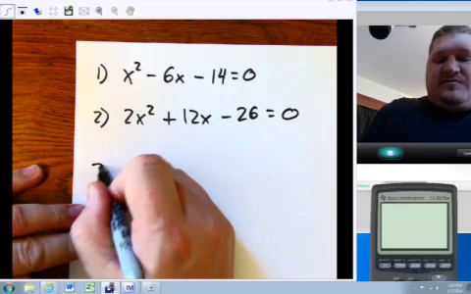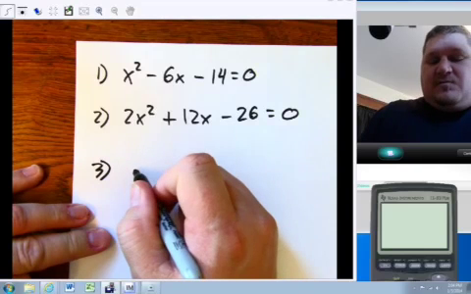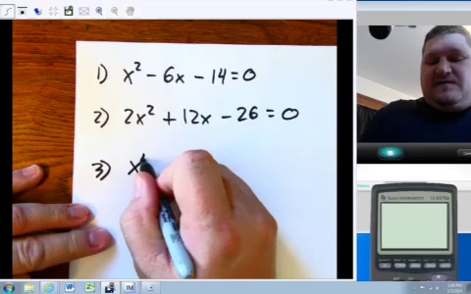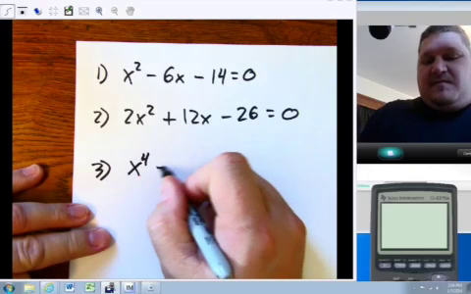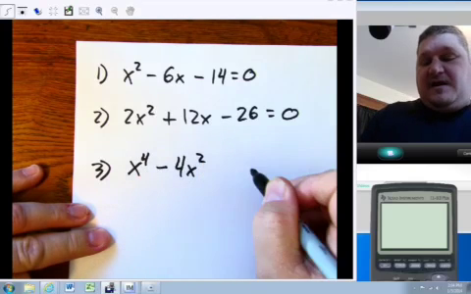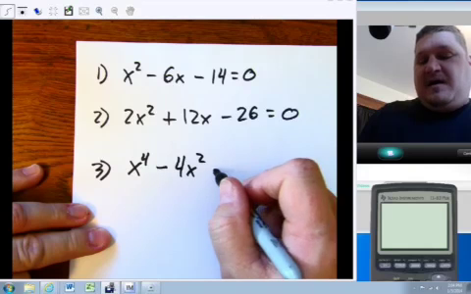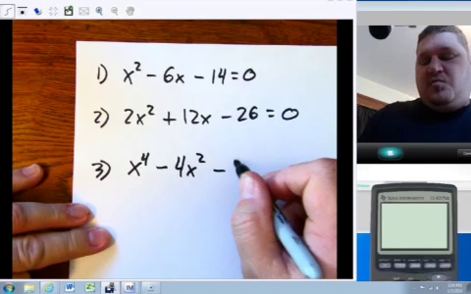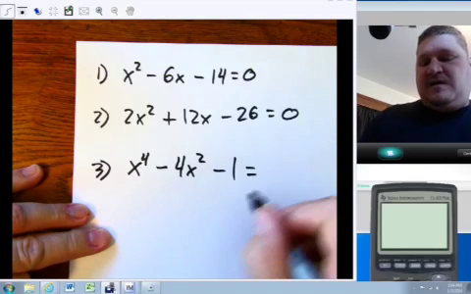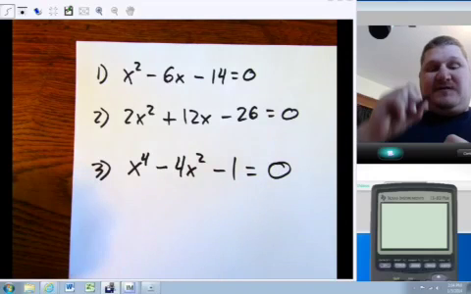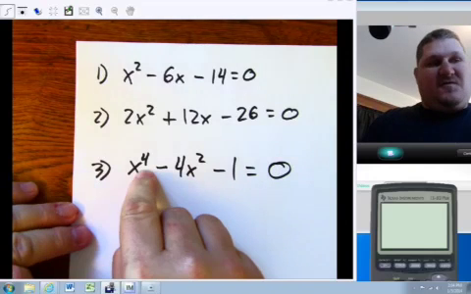And for number 3, we're going to want to go with x to the 4th minus 4x squared minus 1 equals 0.